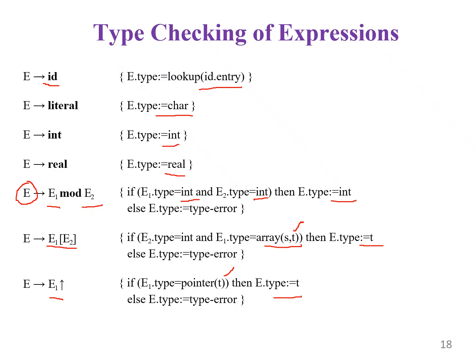If you are making use of an array, the indexing data type should be the integer, and E.type is the element type. Next, if you have pointers, then E.type should be the value of t. This is the general rule for type checking of expressions.